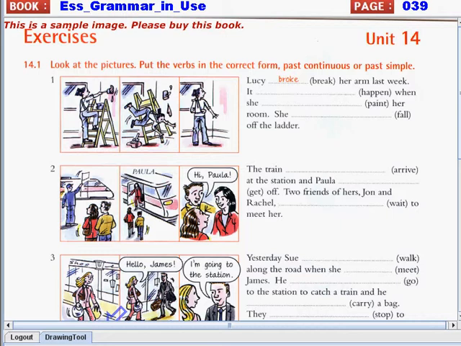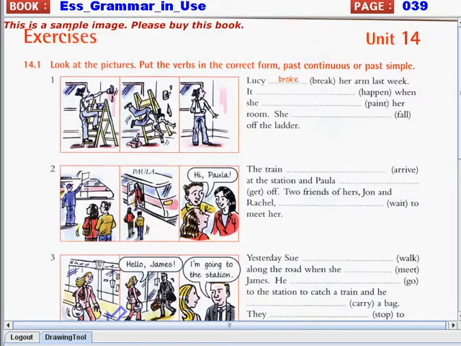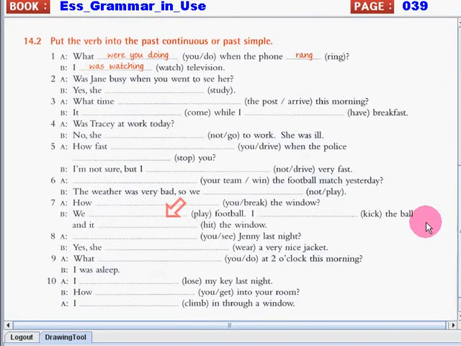Today we will continue on answering the exercises on Unit 14. If you can still remember, in this unit we discussed the past continuous tense and the past simple tense, what is their relation, and how we can use those tenses in one sentence, okay? Now, let's go on and answer the second or the last exercise on this page.